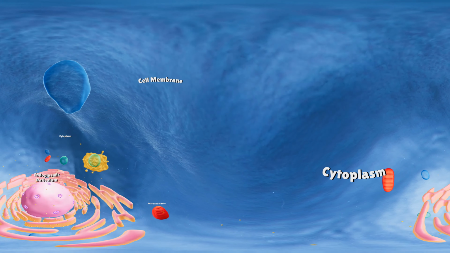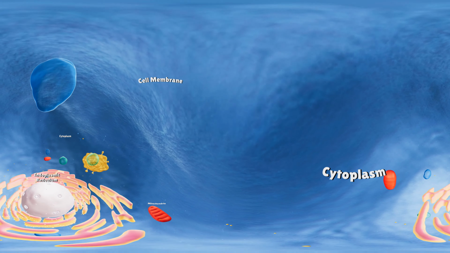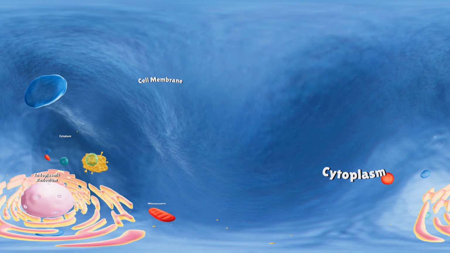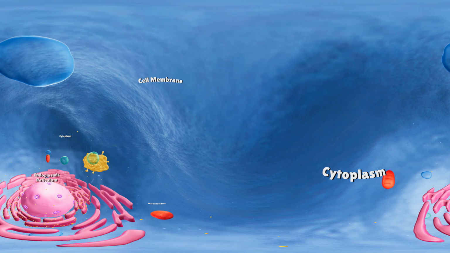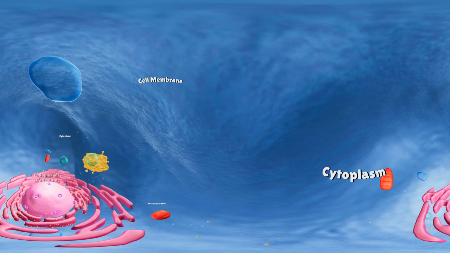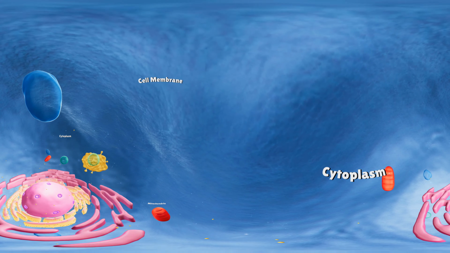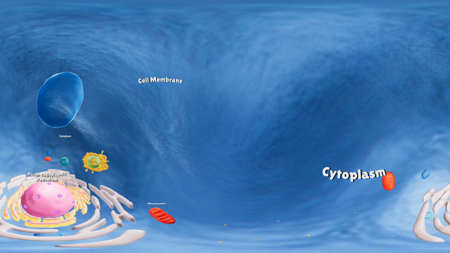The wall-like structure around it is the endoplasmic reticulum. There are two different types of endoplasmic reticulums. The rough endoplasmic reticulum is where there are ribosomes attached.